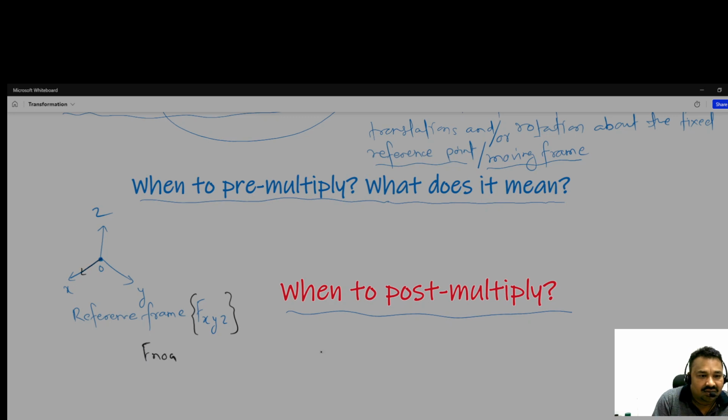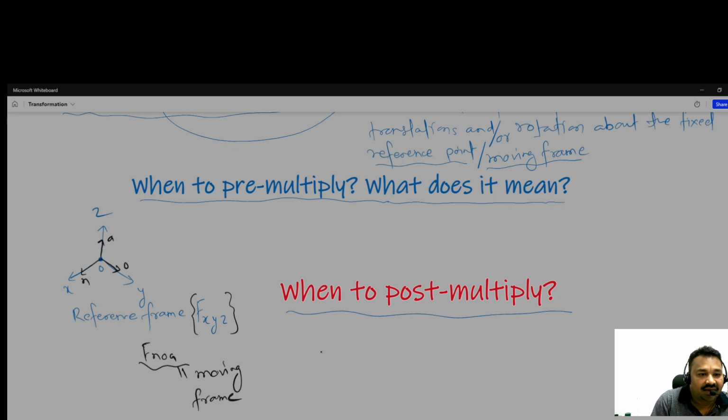And just corresponding to x we are taking n, corresponding to y we take o, corresponding to z a, NOA. That's why FNO. And this is what? This is the moving frame. Okay.